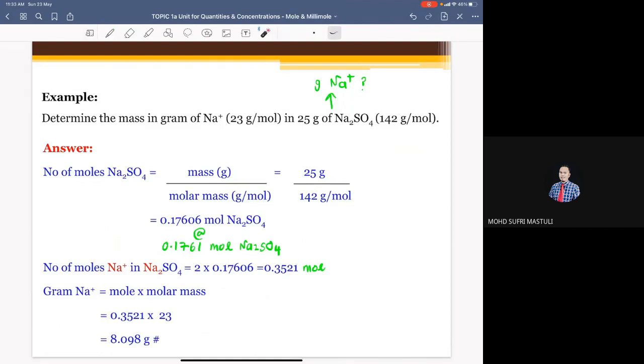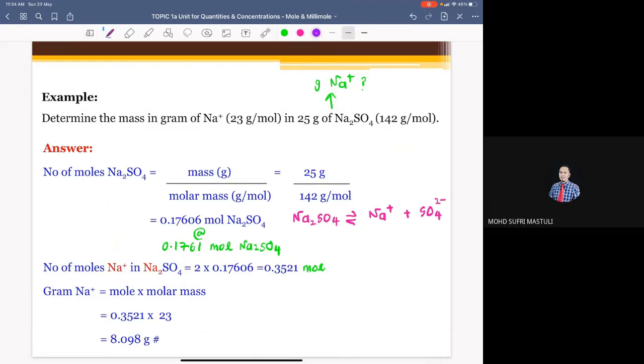Why do you have to multiply by 2? If you still remember the basics of chemistry from the foundation or from SPM, you can write the dissociation equation. Sodium sulfate can be dissociated into sodium ions, Na+, and SO4 2 minus.